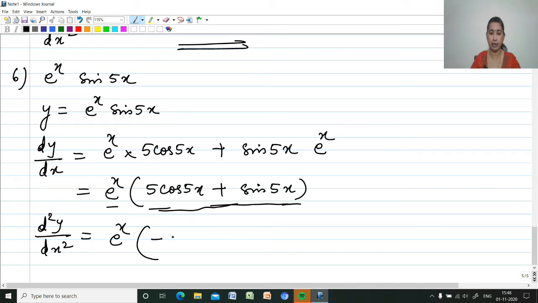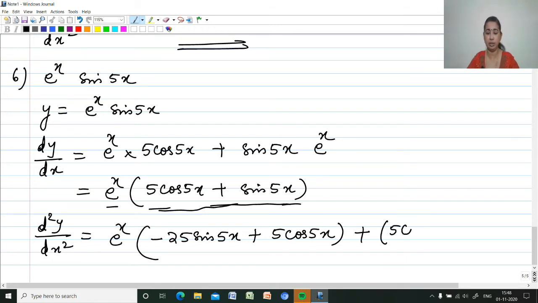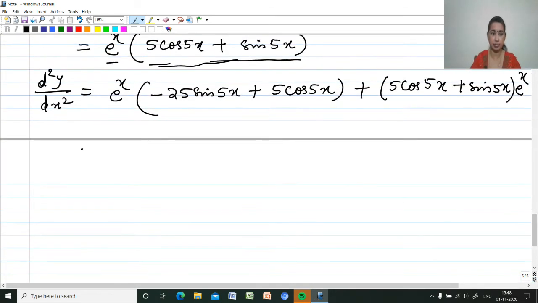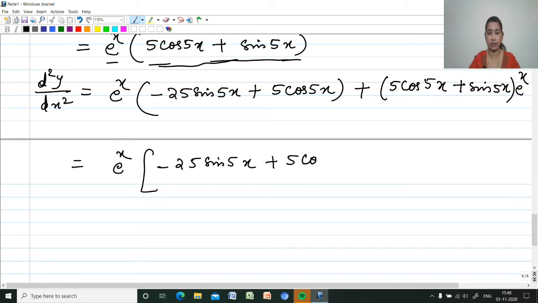So we are getting here minus 25 sine 5x plus 5 cos 5x, plus, now second function is 5 cos 5x plus sine 5x into derivative of the first is e raised to x itself. So common term e raised to x is common in both first term and second term. So take e raised to x outside, remaining minus 25 sine 5x plus 5 cos 5x plus 5 cos 5x plus sine 5x.